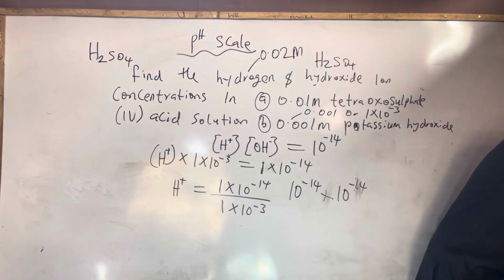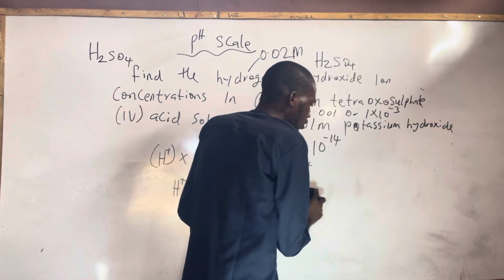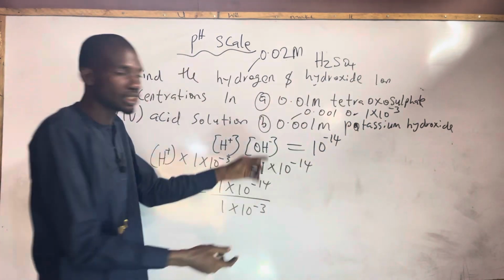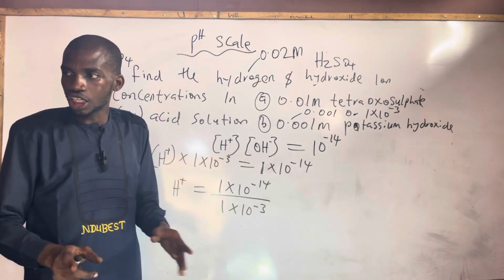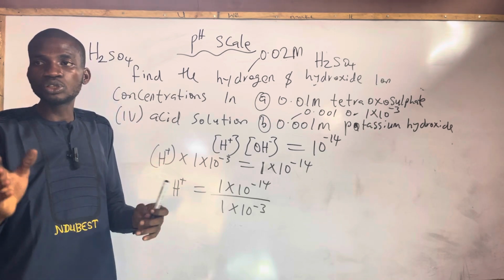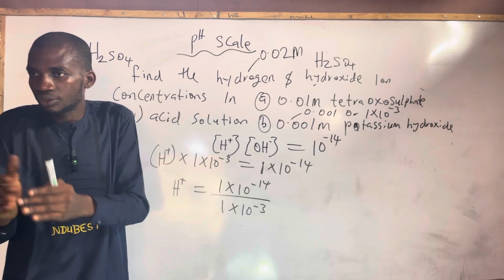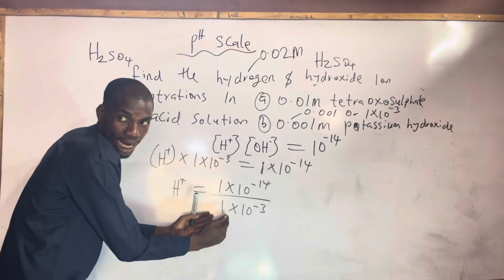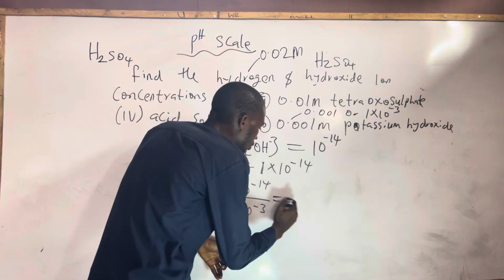If it is plus and minus, are you hearing me? But if it is division, when you are carrying this thing up, the sign will change automatically. I told you to group the numbers without power on one side and group the powers. The ones without power are 1, and you say 1 divided by 1, you get 1.